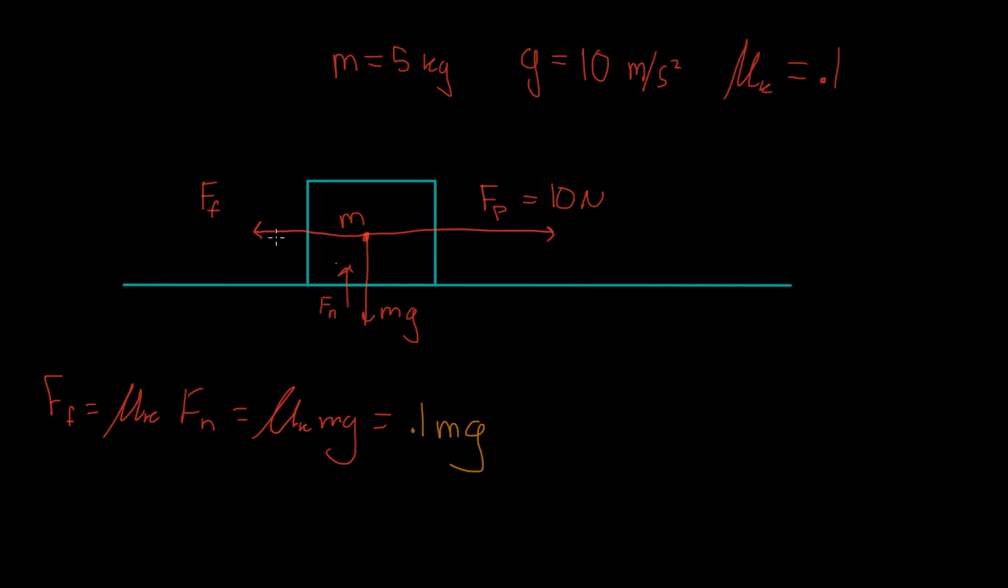So that's the force of friction. And let's just save that up here so we don't forget it. Force of friction is going to be 0.1 mg newtons. And this should really be newtons, but we don't need to write that because mass and gravity already have dimensions to them.